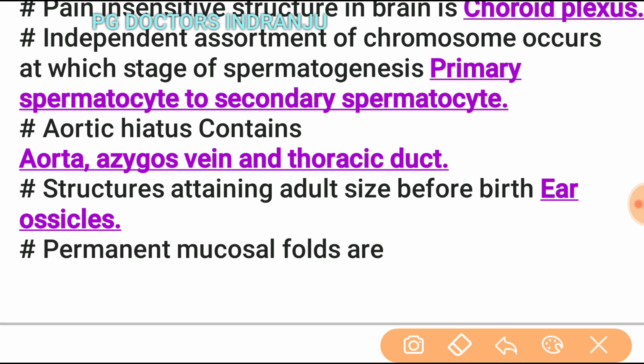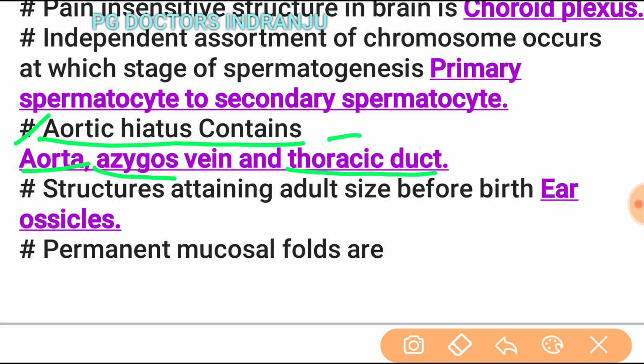Next, the aortic hiatus contains the aorta, azygos vein and thoracic duct. This is asked many times: the level of the aortic hiatus and which structures pass through it.